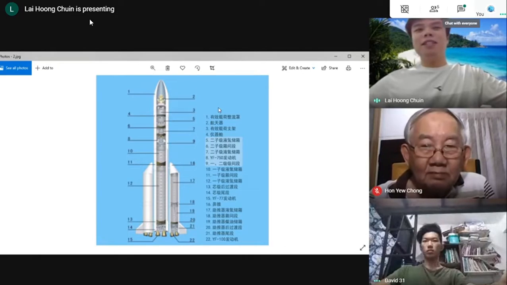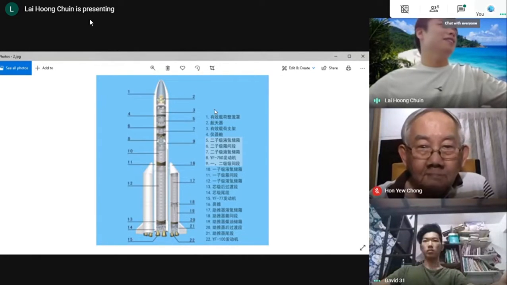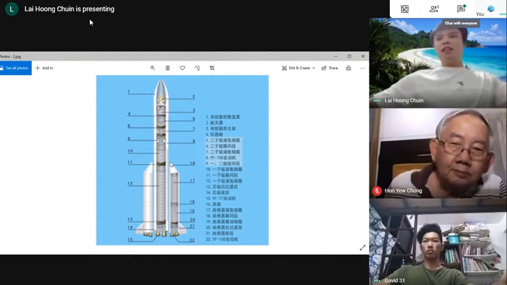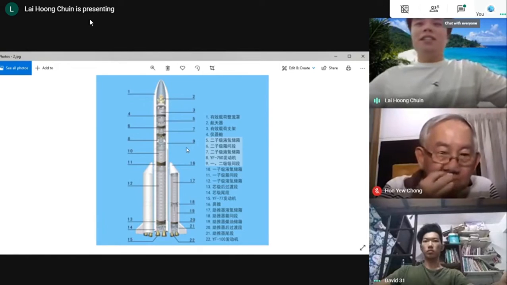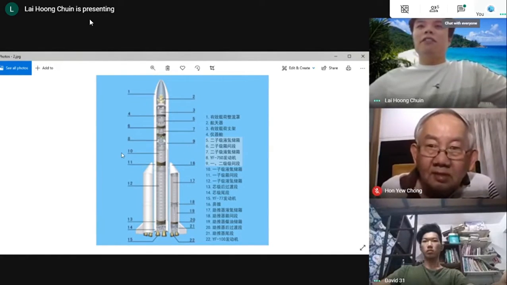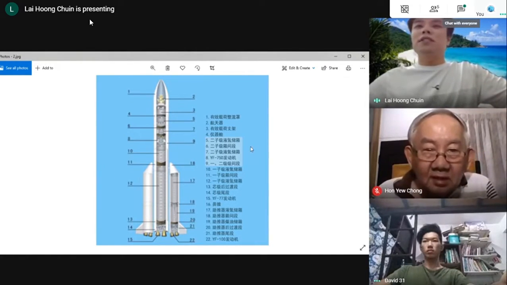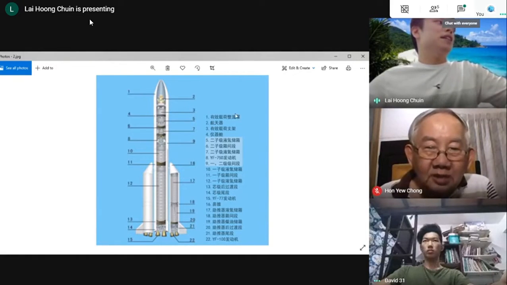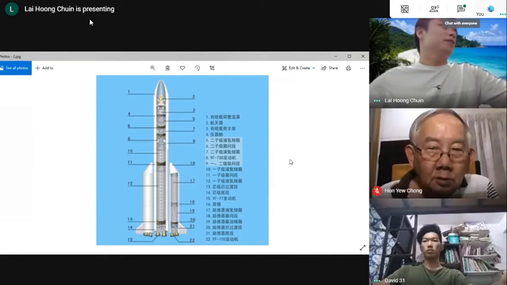The diameter is 5 meters, so it can carry extra huge satellites. They have launched a lot of missions using this rocket, such as the Mars mission, and in the future the China Space Station modules will be launched using this rocket. So this is the rocket.